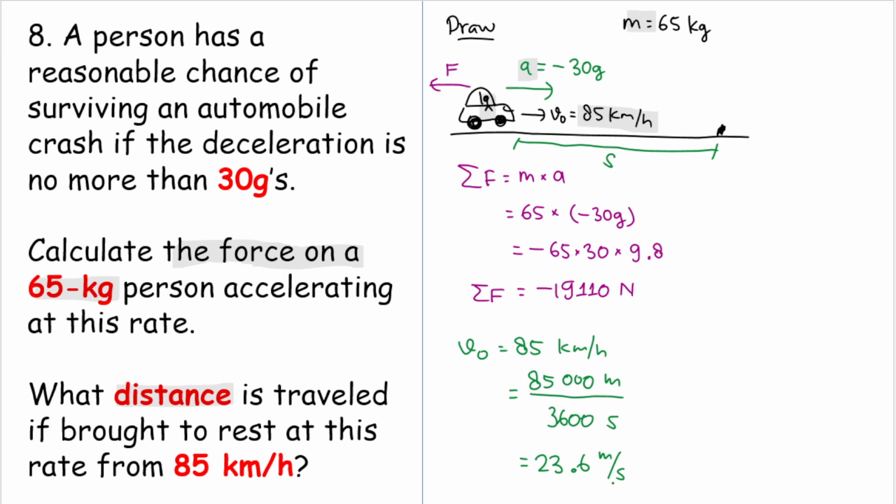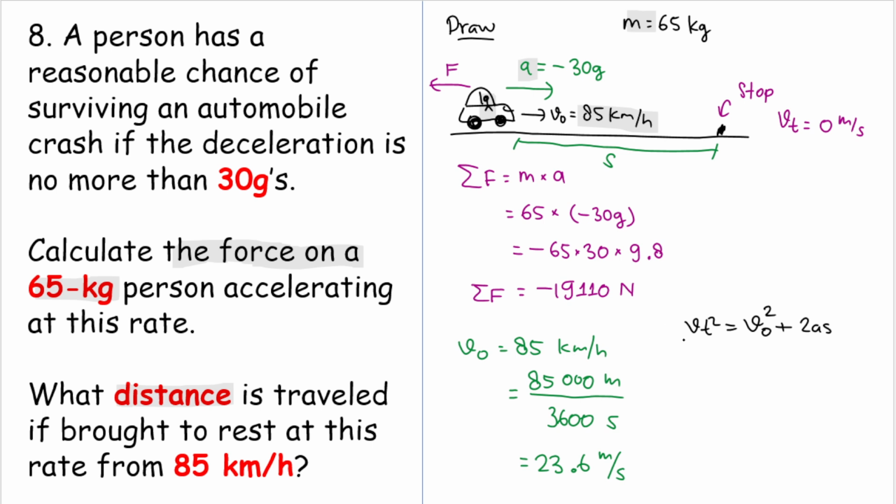Good. But then we are looking for distance. So we can use the kinematic formula. Vt squared is equal to V0 squared plus 2aS. Yeah, do not forget the squared here. Okay. And because the car will be stopped here, we will have our Vt is equal to 0 meter over second, right?